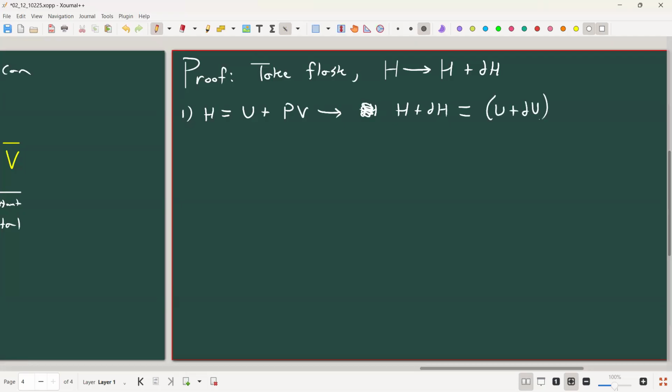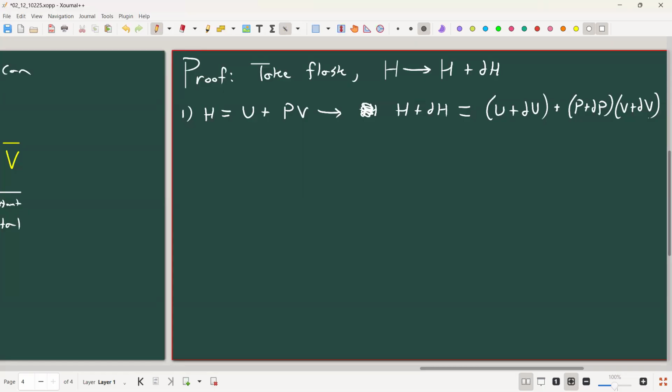Maybe the U changes a little bit, and maybe the P changes and maybe the V changes a little. So when we change the enthalpy of the system, we put a little bit of heat in it. Some of it will go into the total internal energy of the system. Maybe the pressure will change a bit. Maybe the volume will change a bit. Some mixture of change.